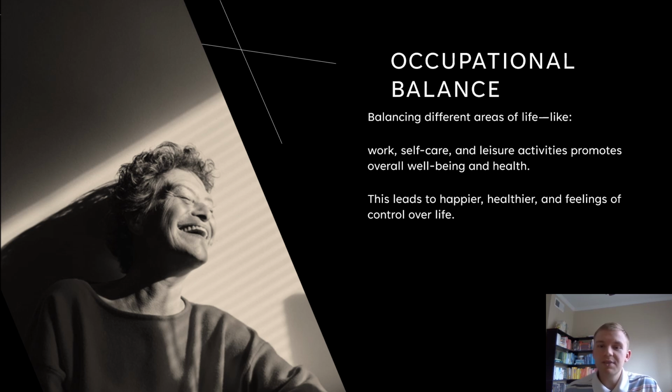When a person feels like they are unable to do anything they enjoy, this has a negative impact on their lives. And so when we balance different areas of life like work, self-care, leisure activities, and just overall health and well-being, we are happier, healthier, and we feel like we have control over our lives. So one of the goals of occupational therapy is creating balance in life.